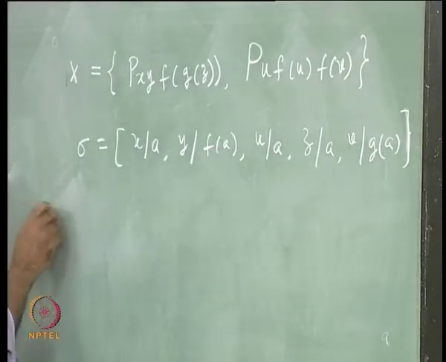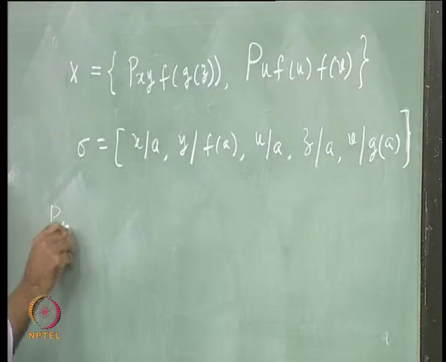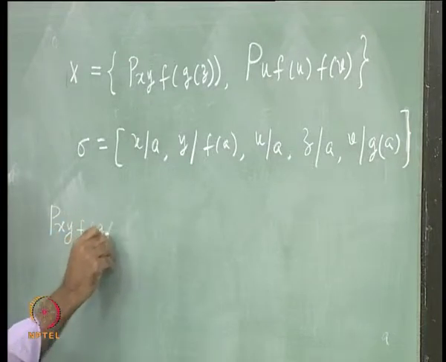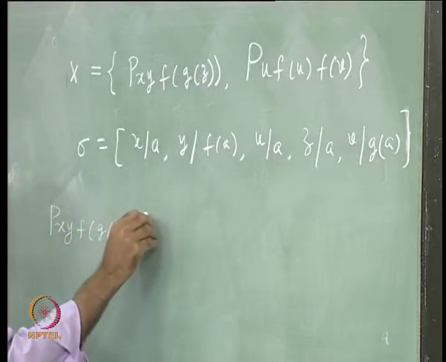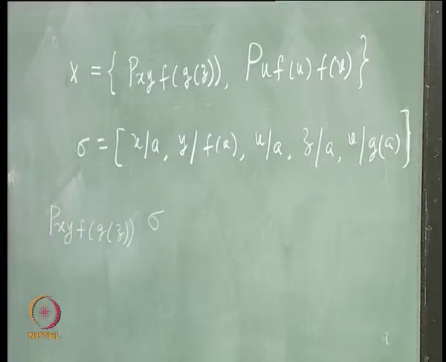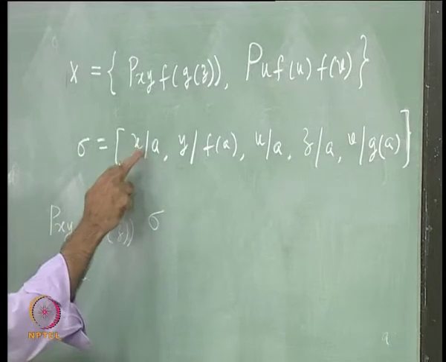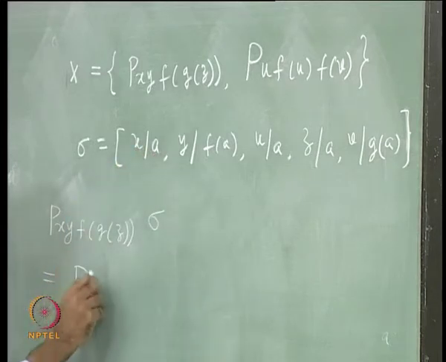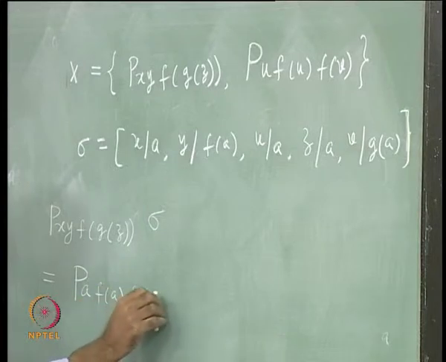Okay. So now we see P x y f of g of z, sigma is applied over that, right. So this is equal to P. Now, in sigma, x is a, y is f of a, f is remaining as it is, g is remaining as it is, z is a.